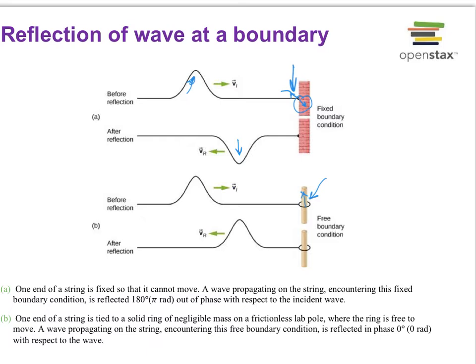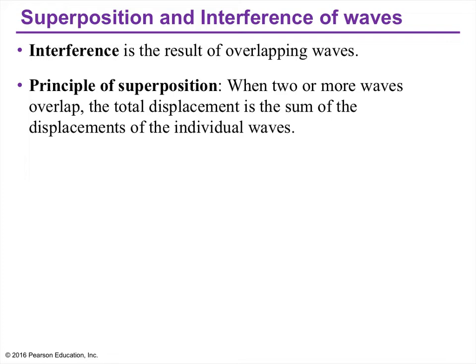But if you think about it, if I have a constant wave coming in, so you have one wave coming this way and one wave going that way, then we want to think about how these add together. That becomes the second thing, and that has to do with what we call interference. When two waves get to the same location in space at the same time, they're going to interfere with each other.